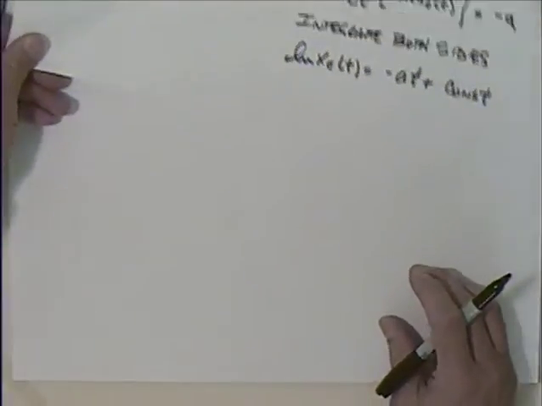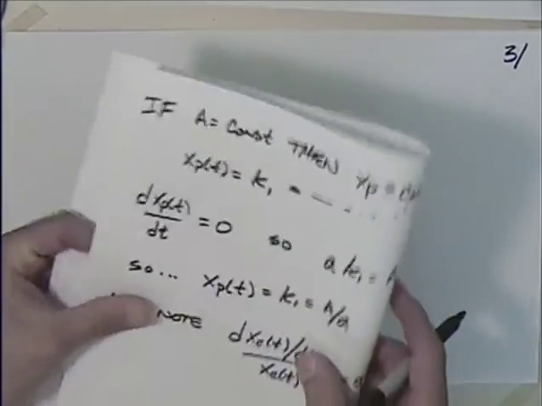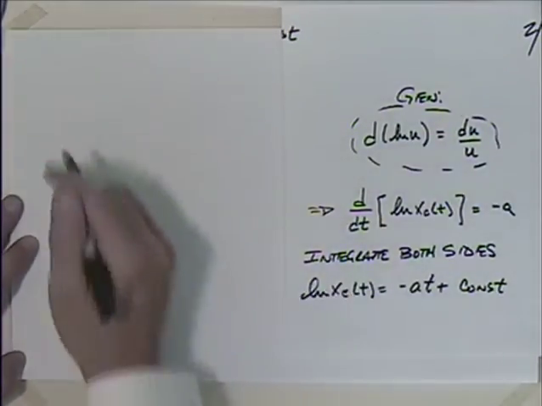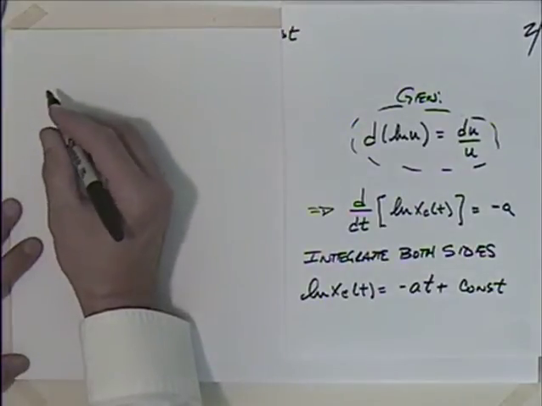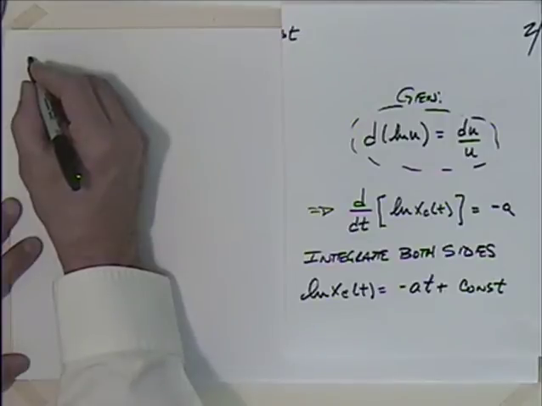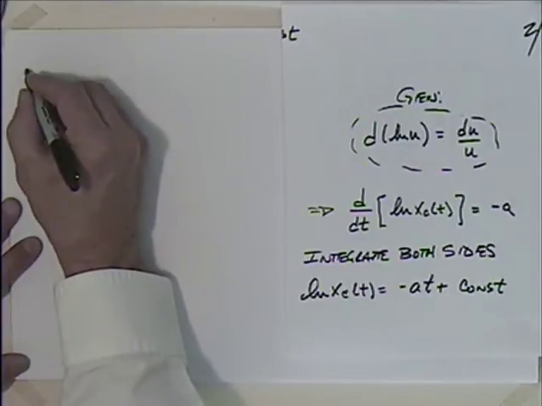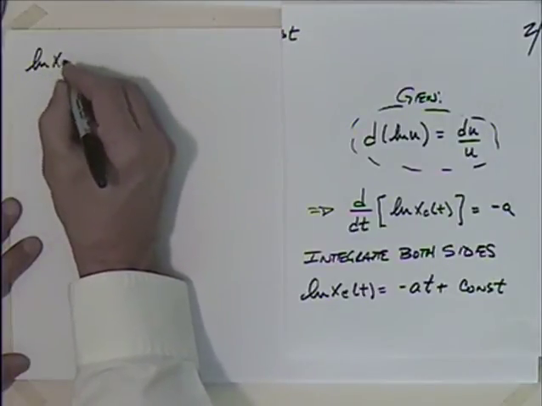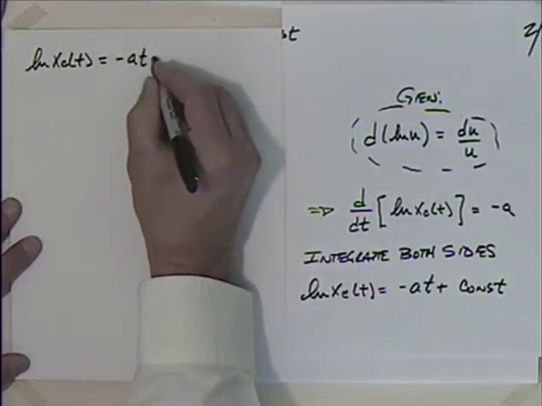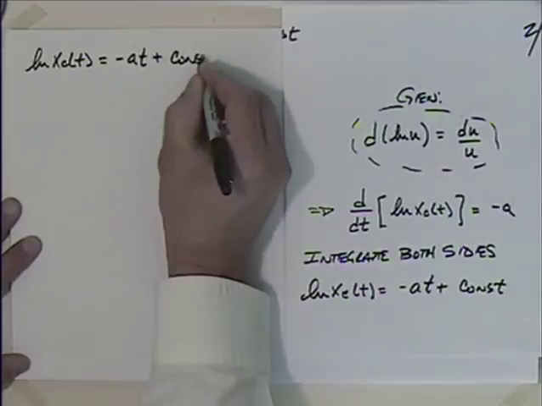So I can say with that over here that I've got the natural log, I'll just rewrite this so it gets over here. The natural log of the complementary solution is equal to minus a t plus our constant of integration.